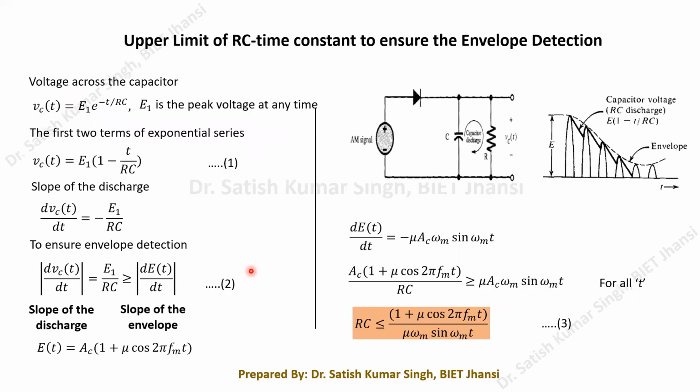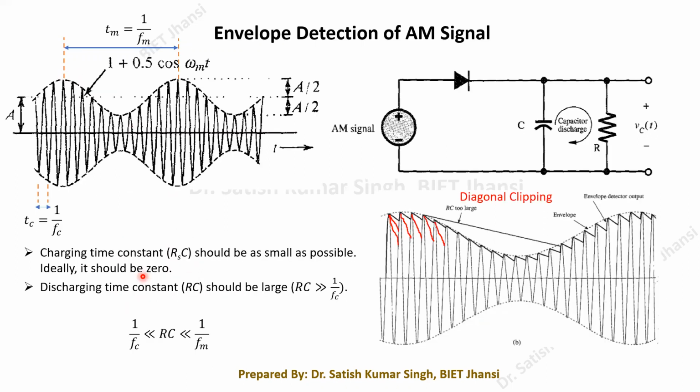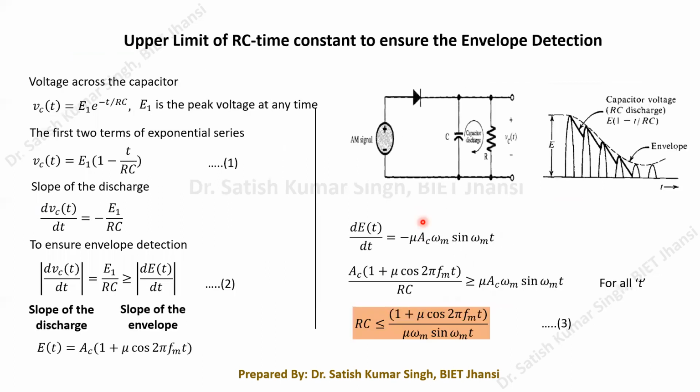Now, why we are writing this condition, we have to understand. In the previous case we can see that we have one of the discharge rates of our capacitor, the slope of the discharge of our capacitor. If we want to calculate the slope of the envelope, let us say we have this line.